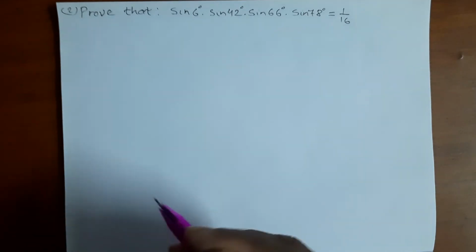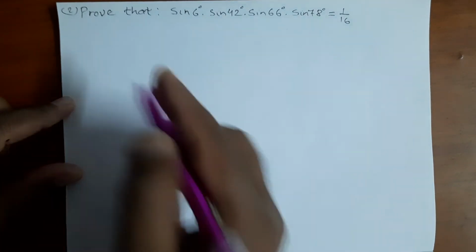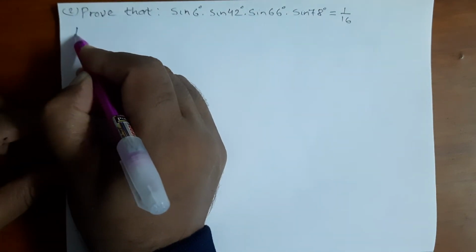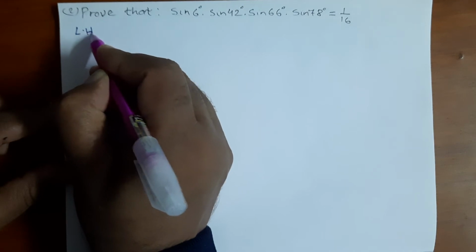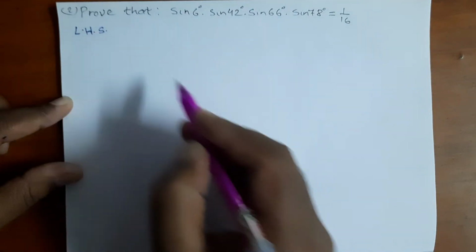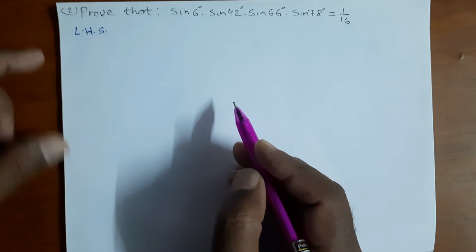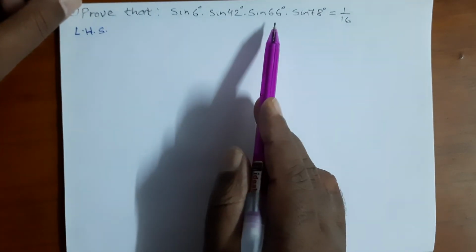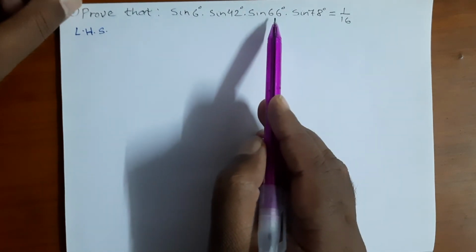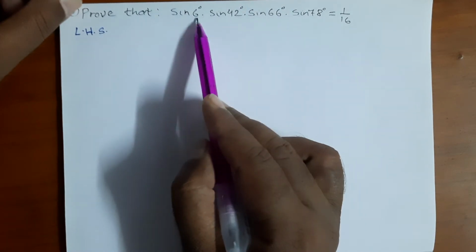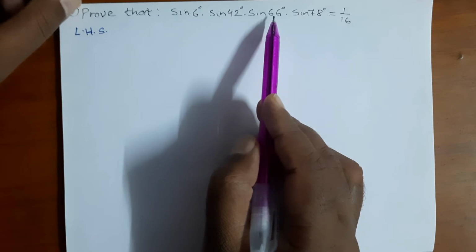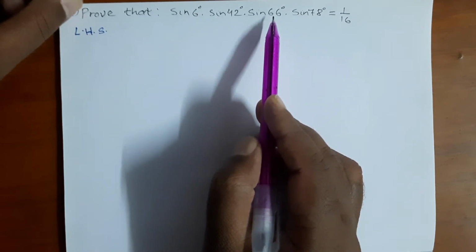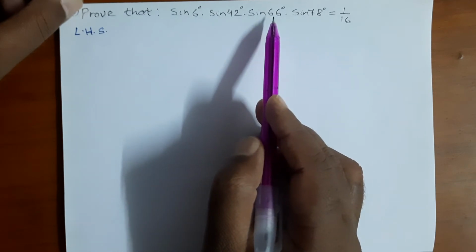Like the previous question, we start from the left hand side. If we take two trigonometrical ratios containing angles such that their sum divided by 2 or difference divided by 2 becomes a standard angle, that will be convenient for us.